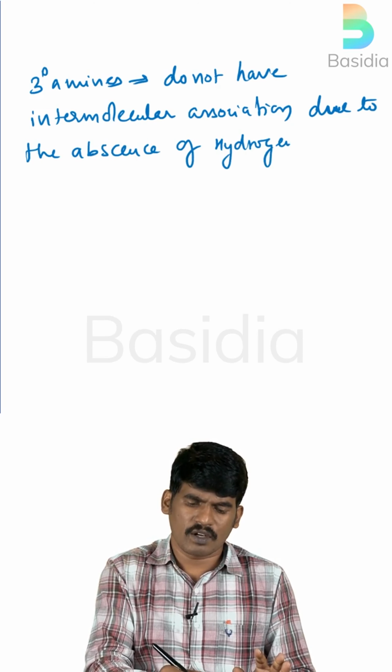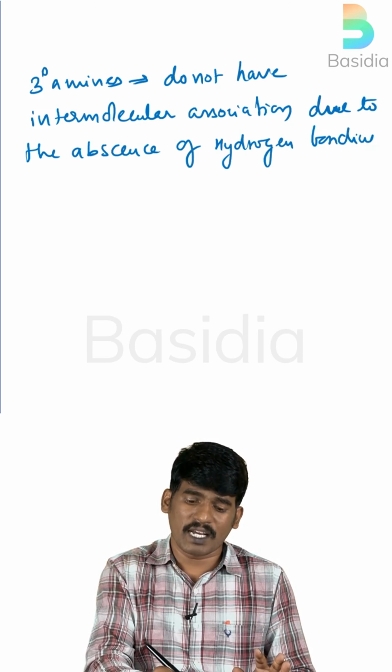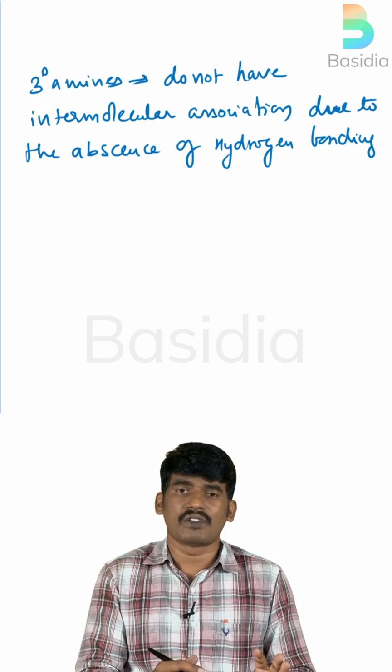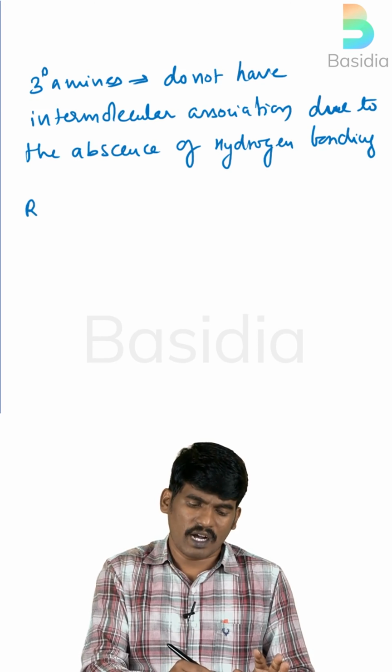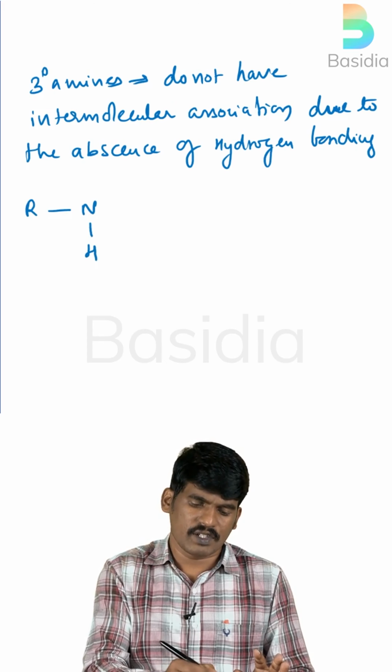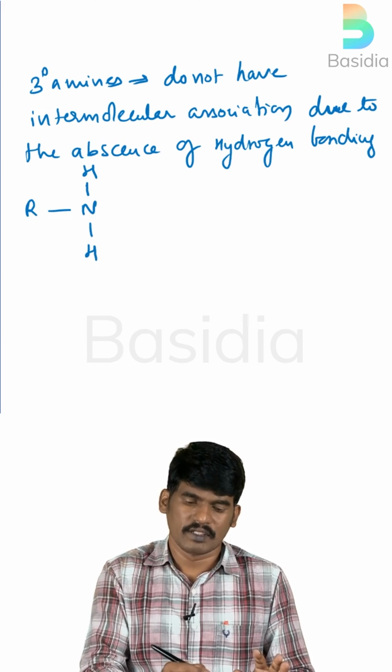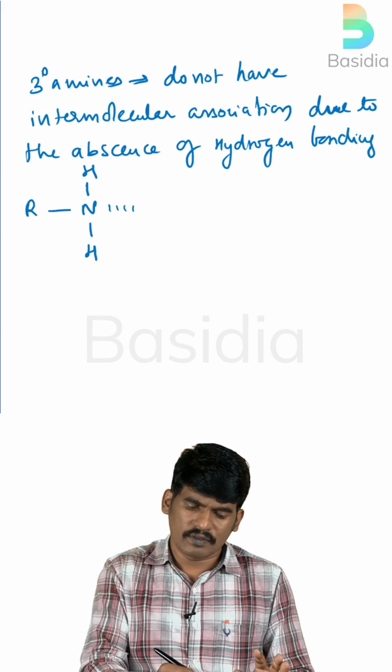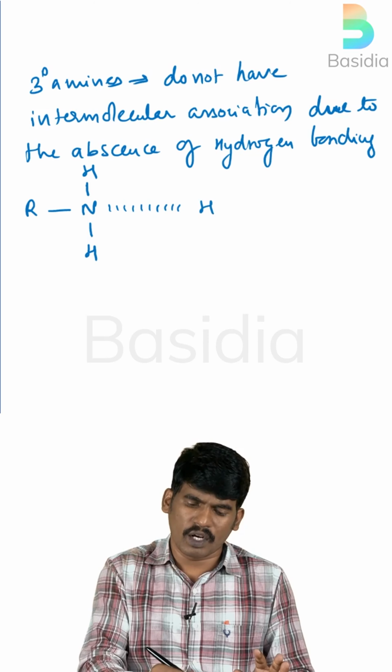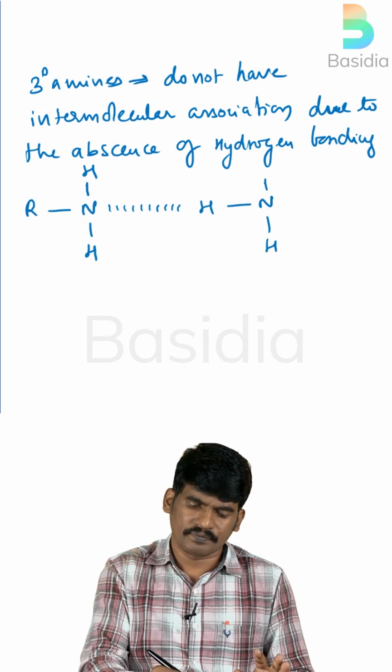But primary and secondary amines have intermolecular association. How? RNH2, this is a primary amine, and this nitrogen can form intermolecular hydrogen bonding with another amine.